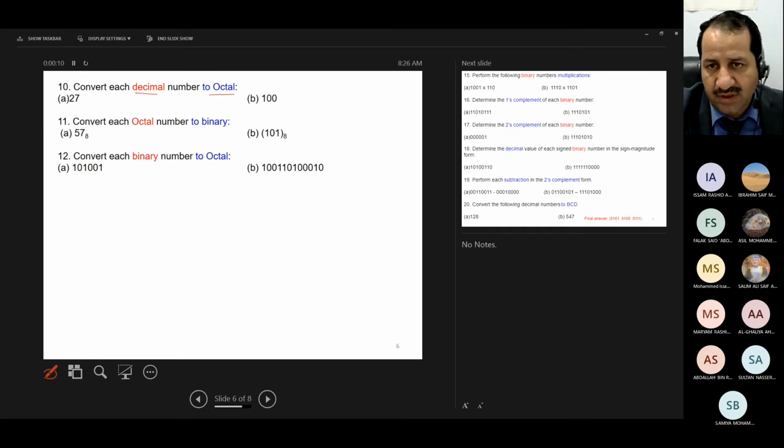So as we discussed before, we divide. I mean 27, in this way, 27 into octal, divided by 8.